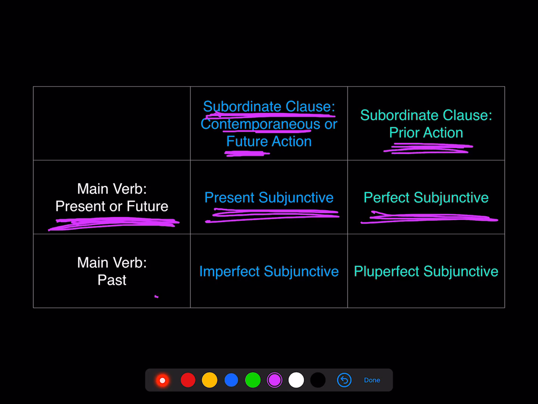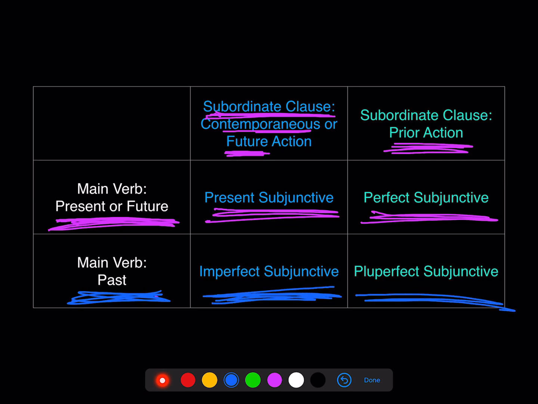If your main verb is in a past tense, if the action in your subordinate clause, in your fear clause, or in your indirect question happens at the same time as the main verb or future to the main verb, then it's an imperfect subjunctive. If it happened before, it's a pluperfect subjunctive.